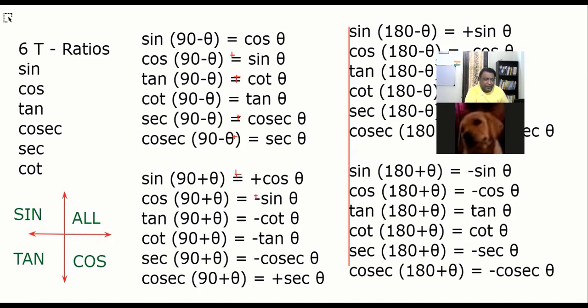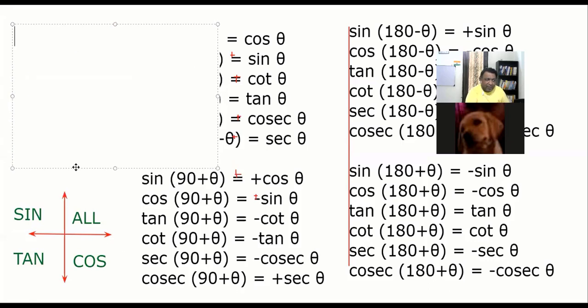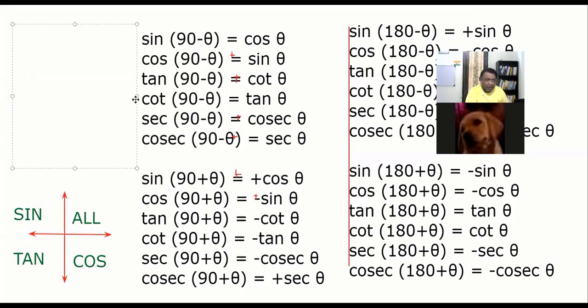I'll not remove everything, I'll remove only this part, because we'll do questions here. You can all watch this. I'll do a very simple question first. What is the value of sine 72 divided by cos 28? We cannot get the value directly; we would have to see the tables. We know values only for 0, 30, 45, 60, 90, not random angles.